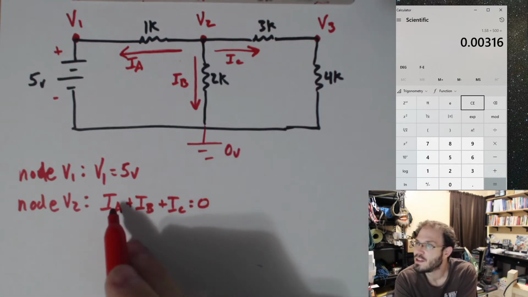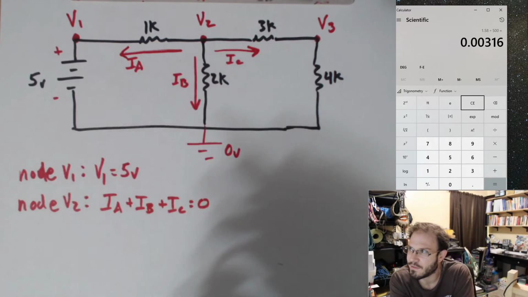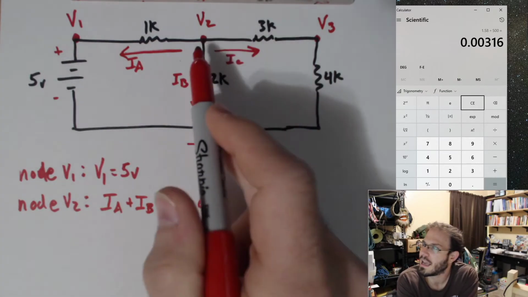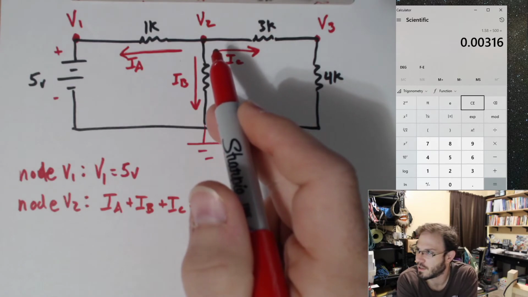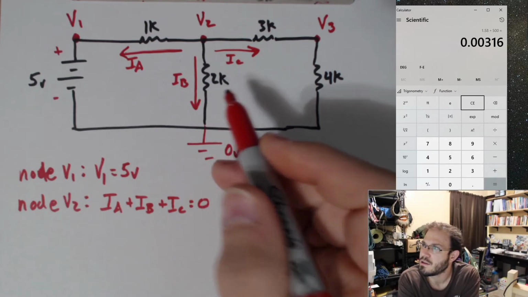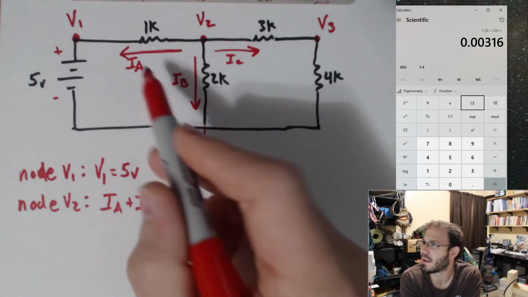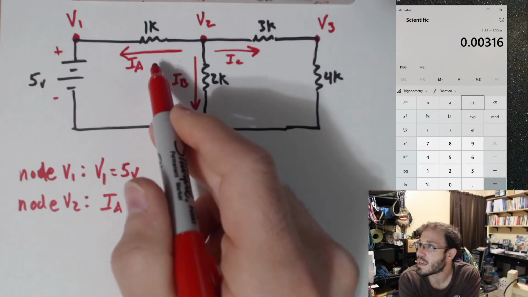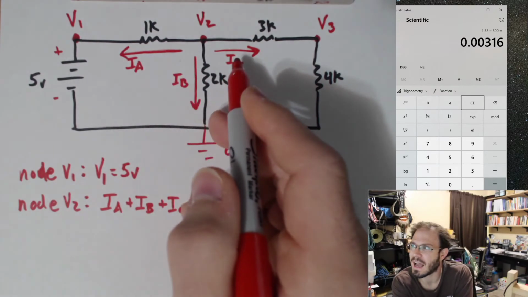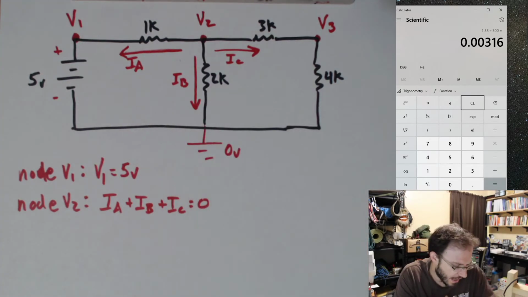Perfect. Okay, so all of our currents, since they're leaving, you can think of conservation of charge or KCL. The sum of all currents entering a node must equal the sum of all currents leaving a node. You can also think about this as I could write minus IA equals IB plus IC. It'd all be the same thing, okay? So this is perfectly valid to do.